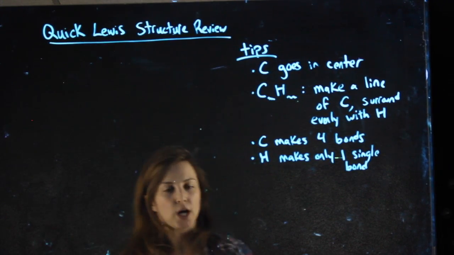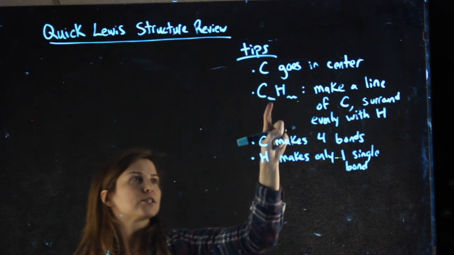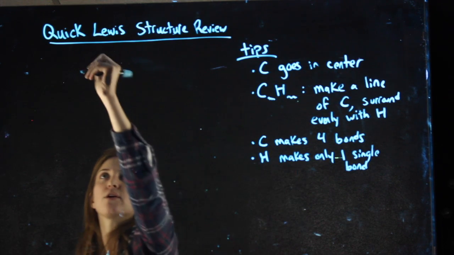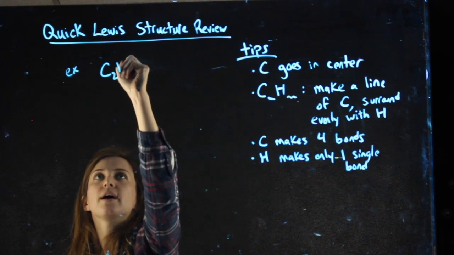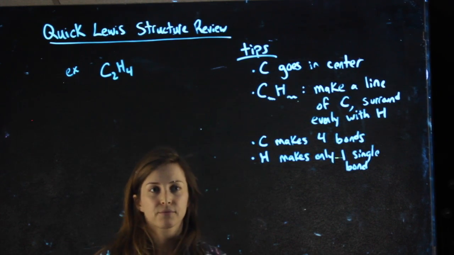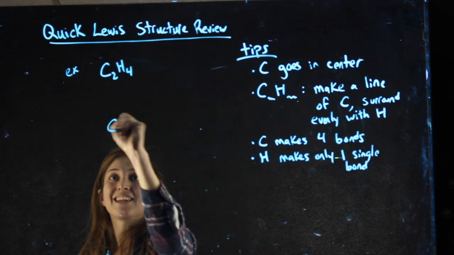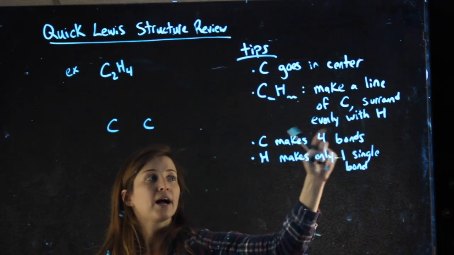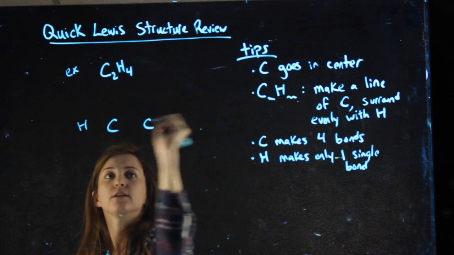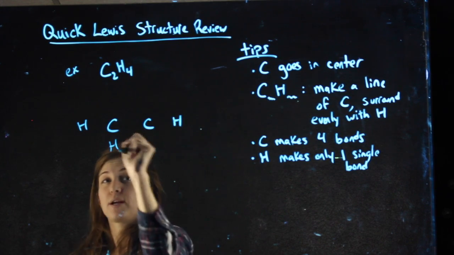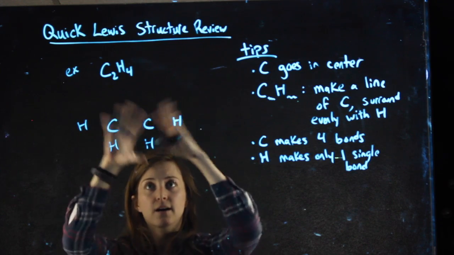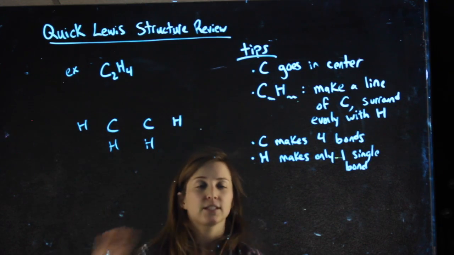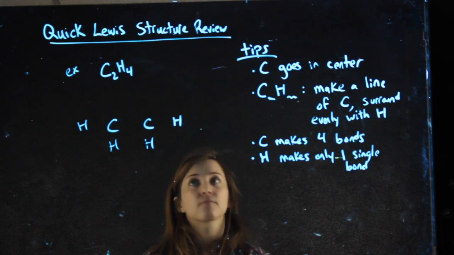So for a couple to try, let's start with one of these ones that are new, kind of weird. Example, so we'll do C2H4. Okay. Carbons in a line surround with hydrogens. So 1, 2, 3, 4. These didn't have to be on the bottom, they could have been on the top, or those could have been there, but they're pretty evenly surrounding the carbons.